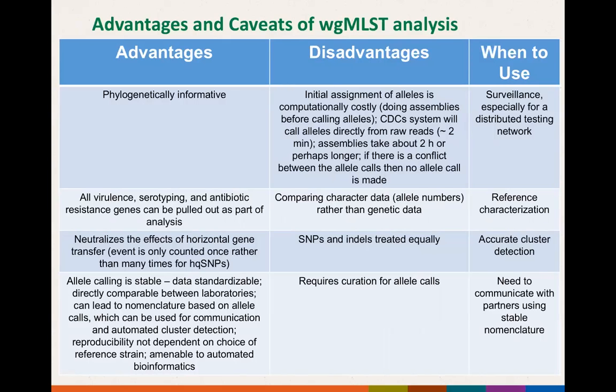And maybe the biggest advantage is that it allows for stable nomenclature, the zip code system that I showed you, that really will make it very easy to communicate results between different labs and from labs to end users, such as epidemiologists. I'm going to skip over the rest of them to make up some of the time we lost.